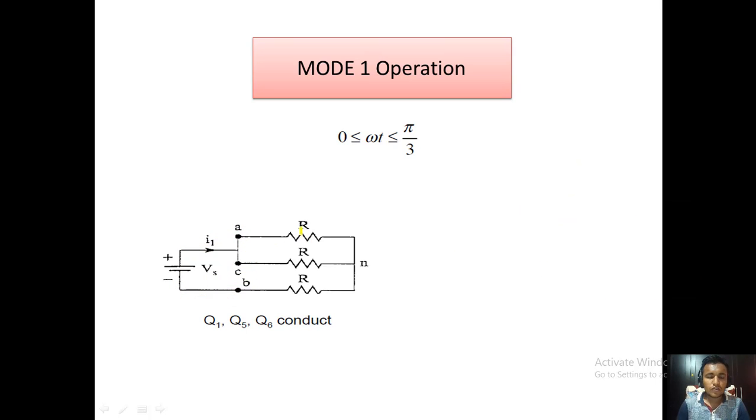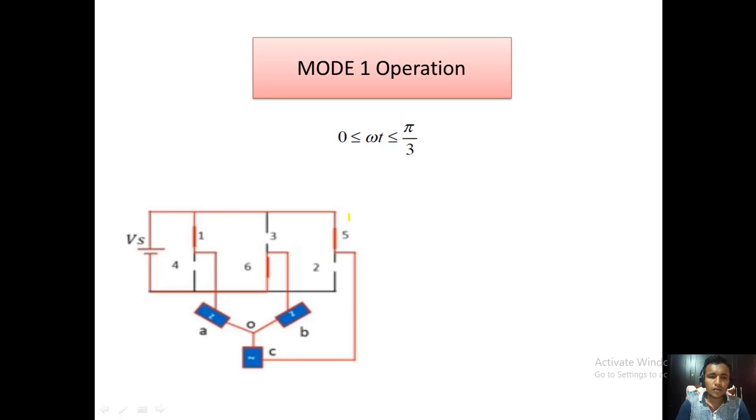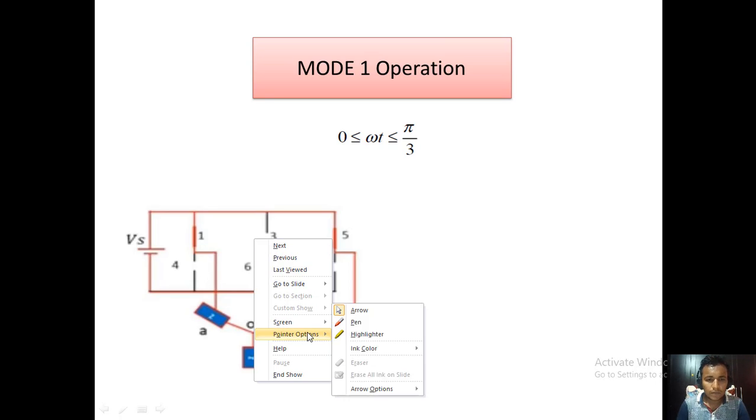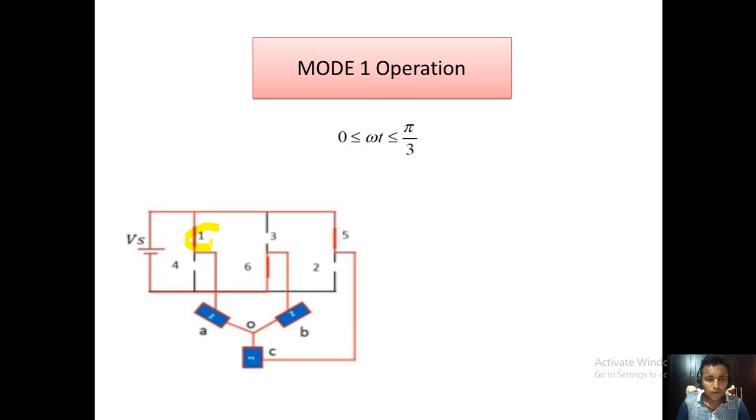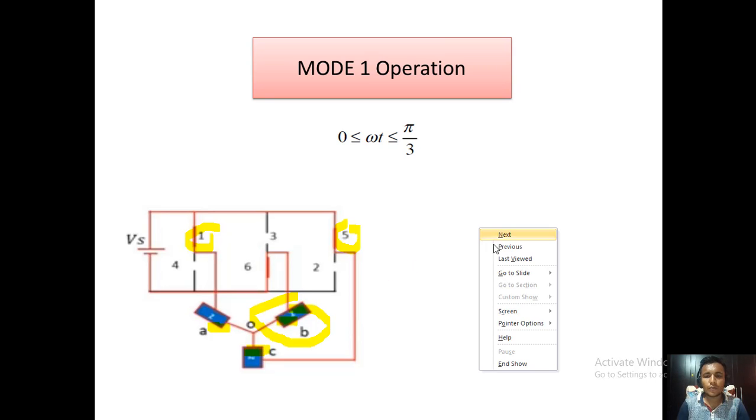Now also from the figure you can see that thyristor number 1 and 5 are triggered, and these two resistive loads are in parallel combination with this third resistive component.